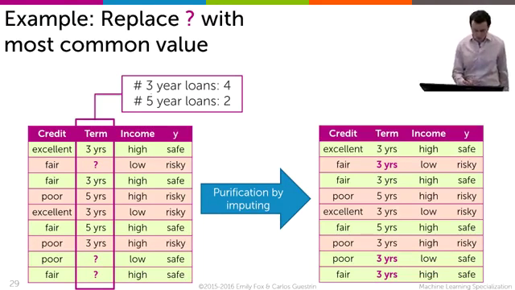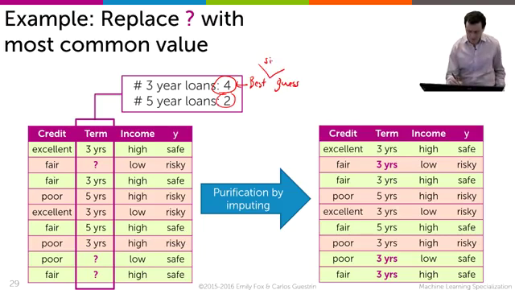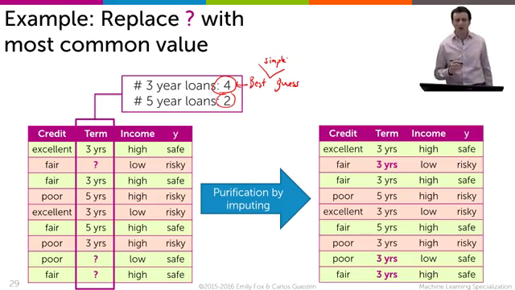Well, if you look at the original data set, there were 4 3-year loans versus 2 5-year loans. So 4 here was my best guess, and you can think about it as my best simple guess. So I just took a simple approach, just whatever was most popular, I filled those in.